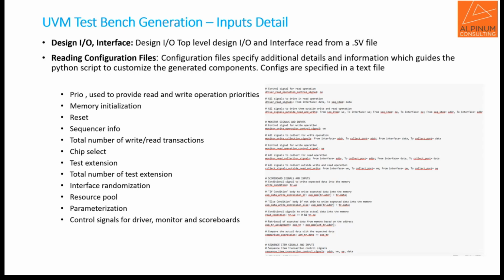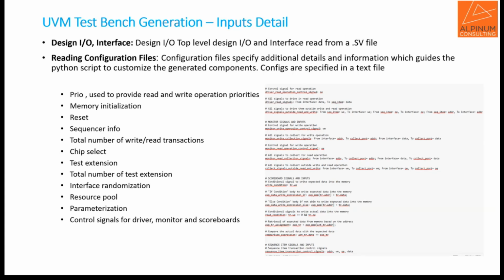Based on all this knowledge, the model generates the test bench as an output, with the sequences and all the related infrastructure for a standard UVM test bench, so that all the simulations can be run based on the test cases we have.